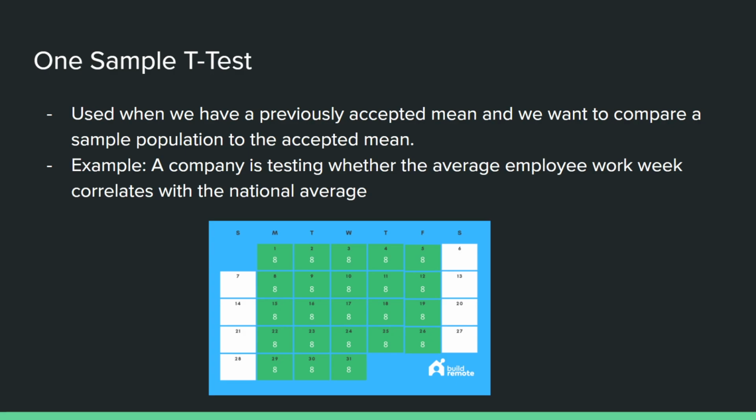The p-value would probably be below 0.05 and show that there is a distinct difference in the means of the accepted value and the sample population that we had. So for now, we can move on to our next t-test.